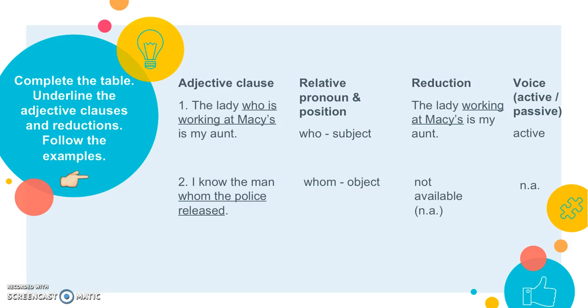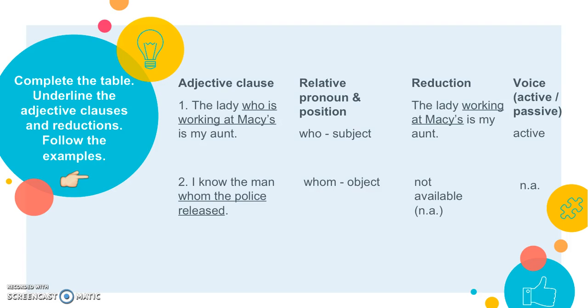The relative pronoun here is who, and it replaces the subject. The reduction of this sentence should be the lady working at Macy's is my aunt. Once again, please consider the rhythm. Active voice is used in this sentence.